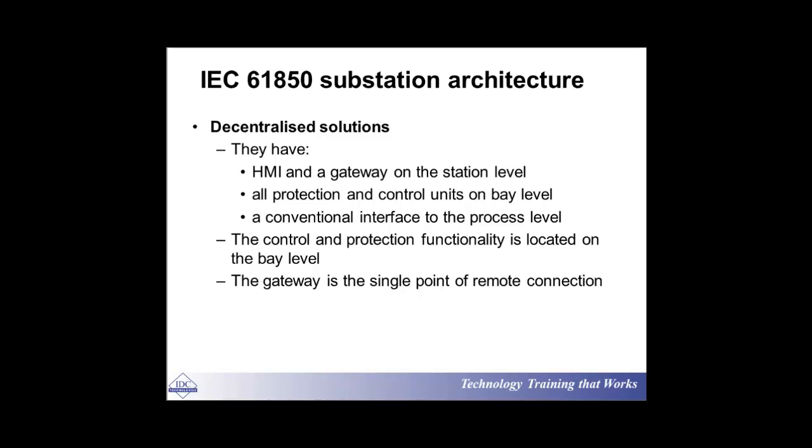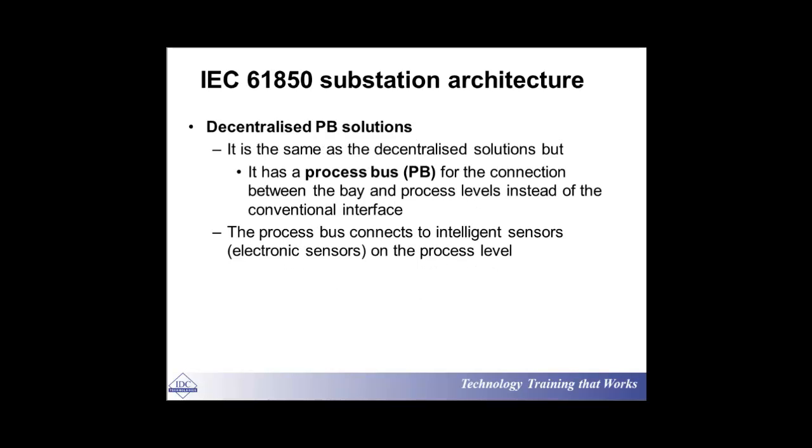So it's been scattered, it's been distributed. It's not just centralized in one place. The control and protection functionality is located on the bay level. The gateway is the single point of remote connection. As long as you are keeping your gateway and those buses, everything's fine, because it's not been dumped and centralized in one place.